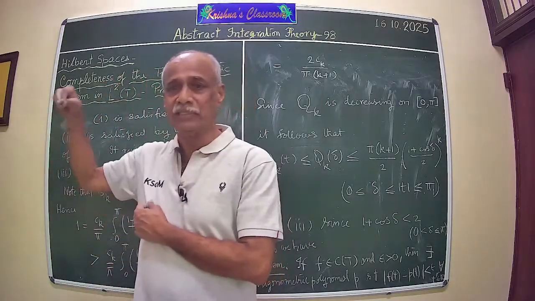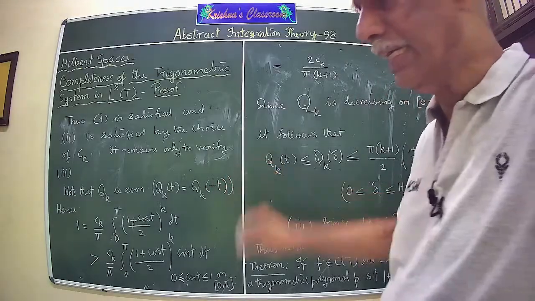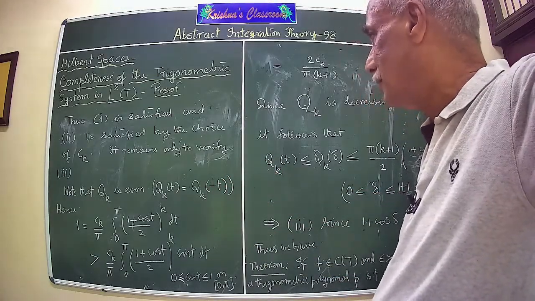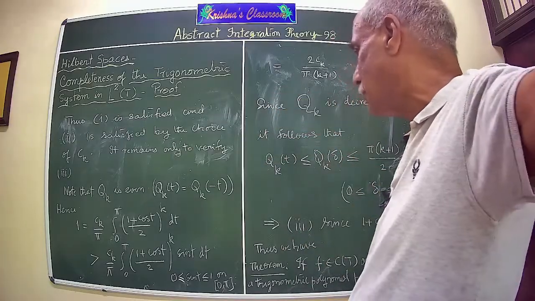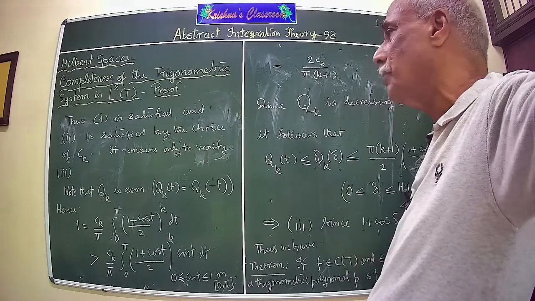It can be as closely as you want approximated by functions in CT in the L2 norm, and then such a function can be further approximated as closely as you want by a trigonometric polynomial.